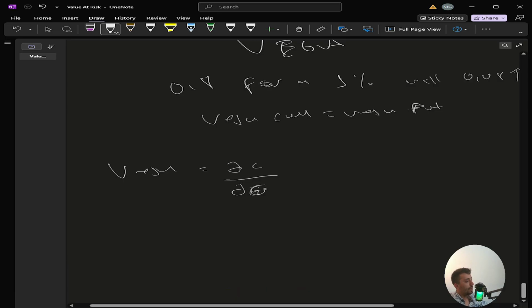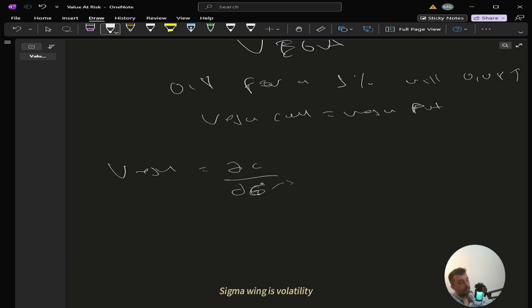Partial sigma. Sigma is volatility. This is a partial derivative, I mean the change in call price and the change in volatility. All right, volatility.